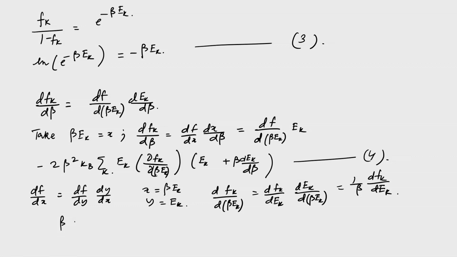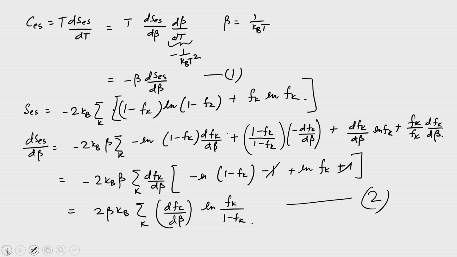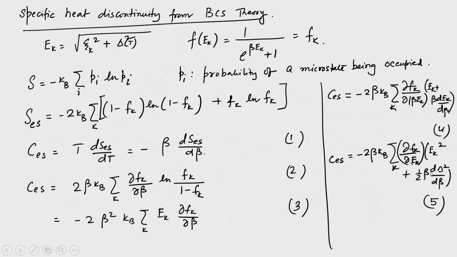And then of course, your βE_k dE_k/dβ is equal to β/2E_k dΔ²/dβ, because your E_k is equal to Δ² over ψ_k². Okay. So, this is equation number 5, and this is what we have derived. If you look at it here, this is that equation that we have derived.